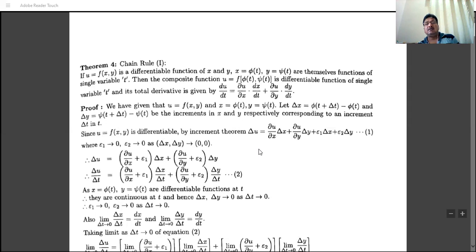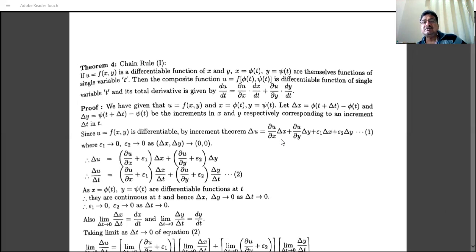So in the previous topic of differentiability, we can also use the notation delta x and delta y for h and k. So we can modify the definition as well as all theorems by using h as delta x and k as delta y in the previous topic, differentiability, okay?